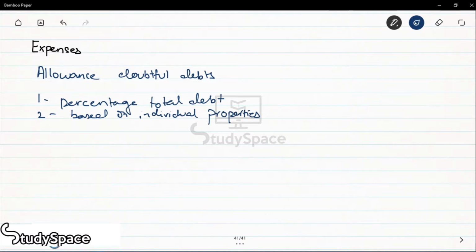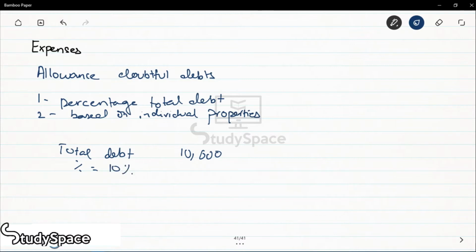So a percentage of the total would mean, for example, if we have a total debt of say 10,000, and we decide that a percentage for our bad debt would be say 10%.